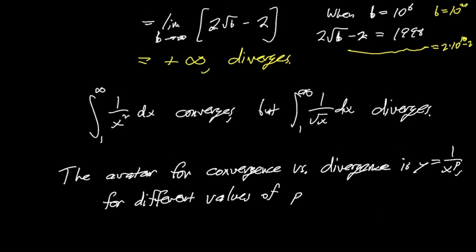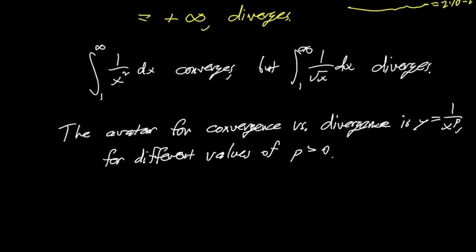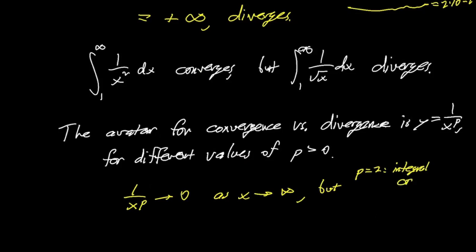We really want p to be positive because we want there to be an x in the denominator, because the limit of 1 over x to the p goes to 0 as x goes to infinity. Like when p equals 2, the integral converges. When p equals 1/2, the integral diverges.